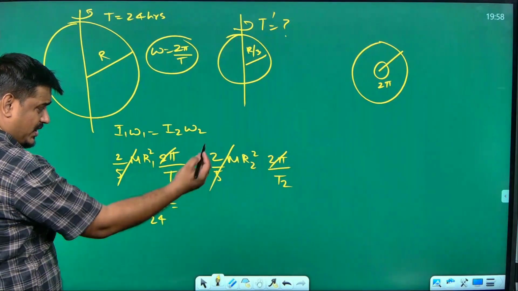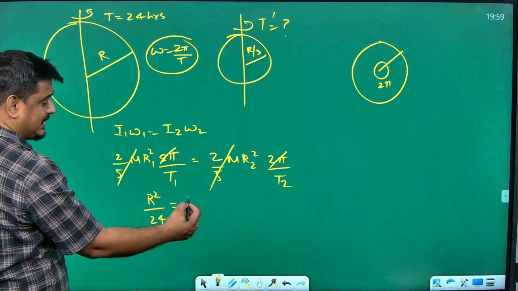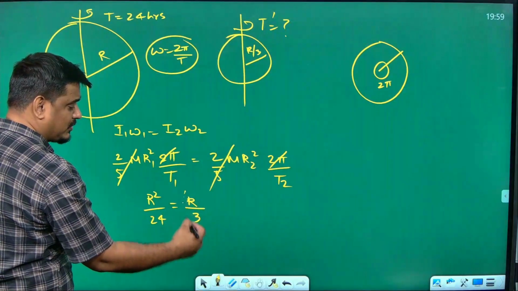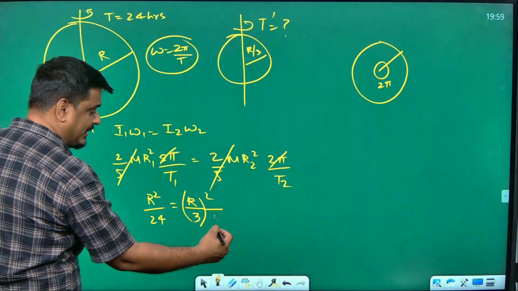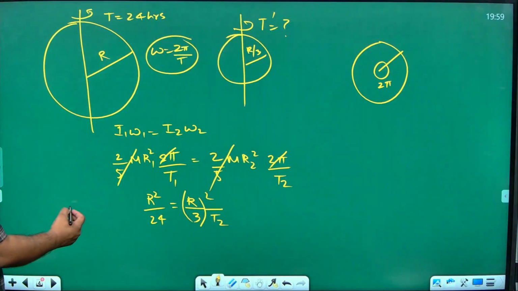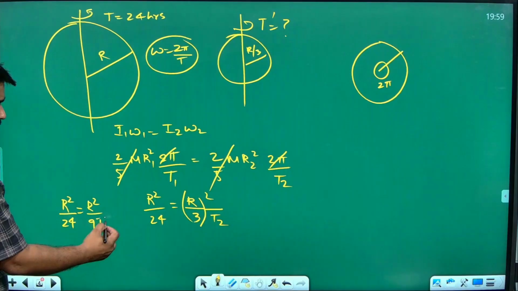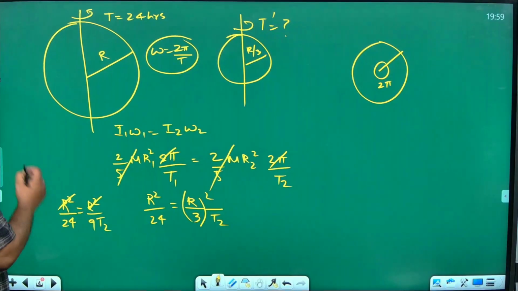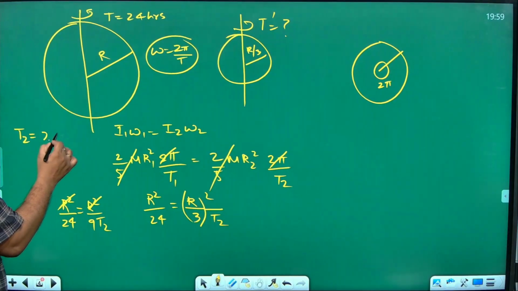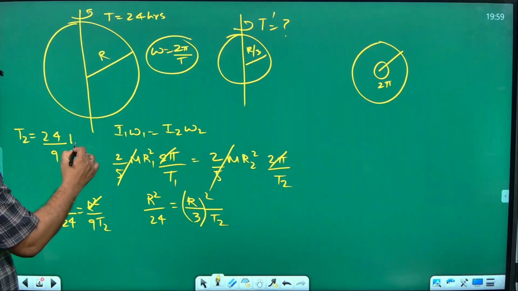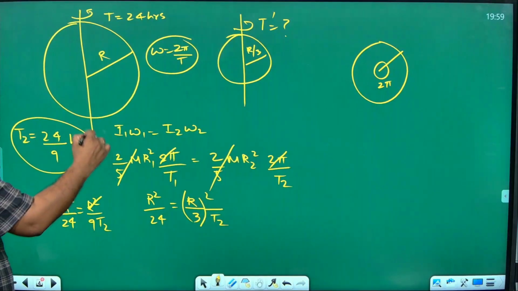What is r2 square? R2 is r by 3. So r by 3 the whole square. And what is t2? You want to find that. So r square by 24 becomes r square by 9 times t2. So r square is cancelled. T2, as somebody told already, is 24 by 9 hours.